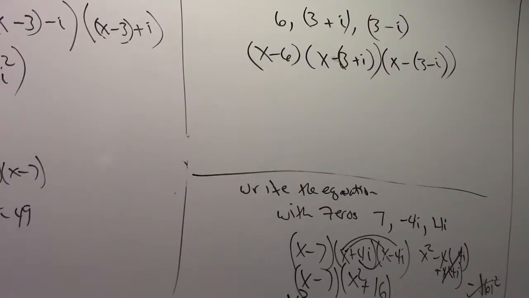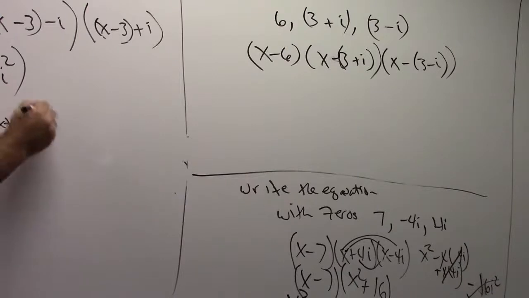But here's what's so revolutionary about it, and this is why it makes your problem so much easier. Because then you're taking the x minus 3 squared, making that x squared minus 6x plus 9, and taking the i squared and turning it into a positive 1. That's revolutionary.